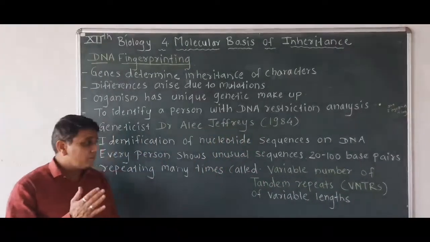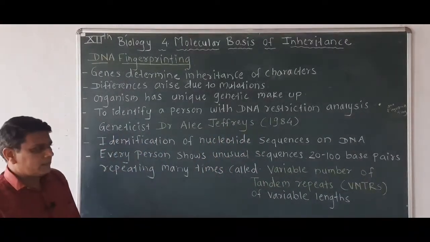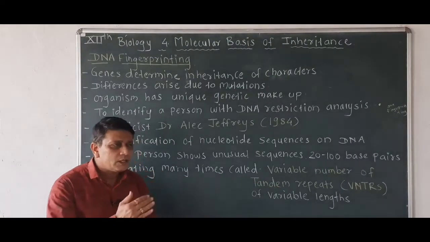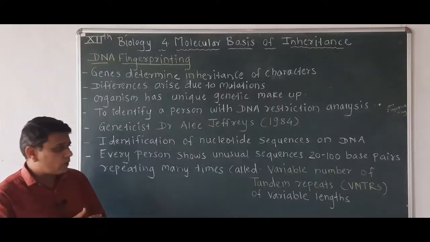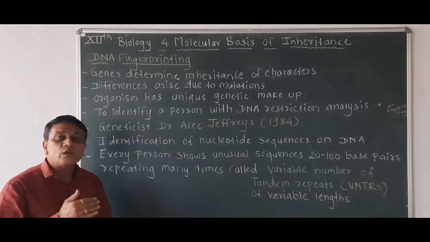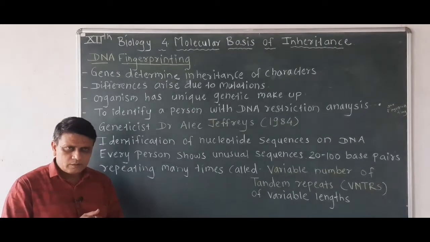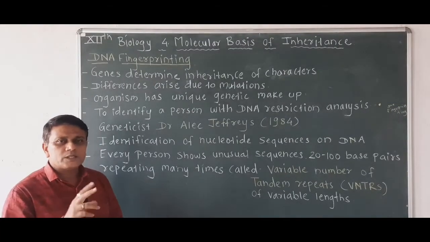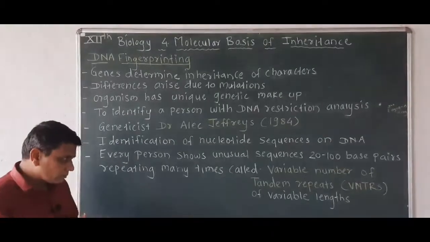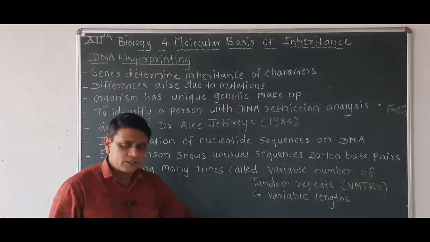And these VNTRs, that means variable number of tandem repeats, means the base pair sequences repeat many times and they are of different length, and no two persons will show the similar length of these VNTRs.